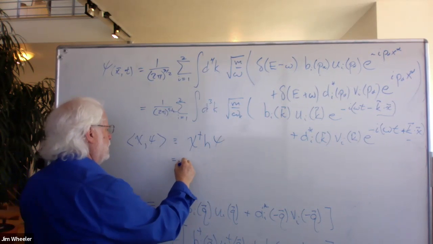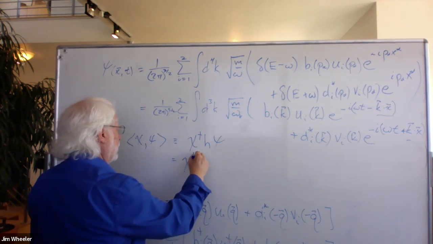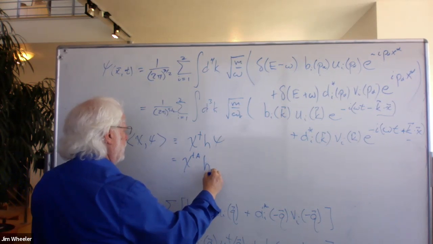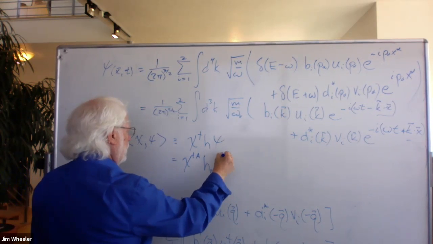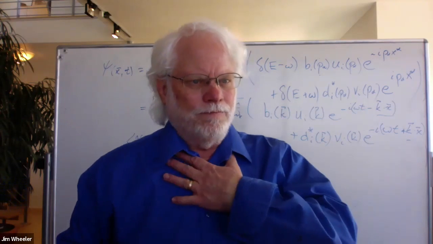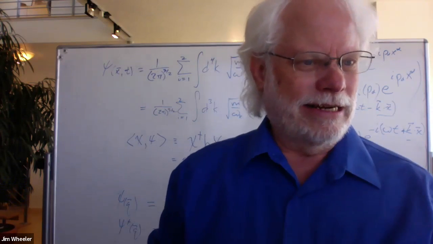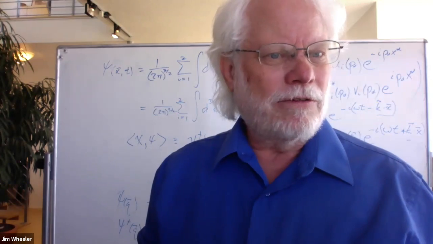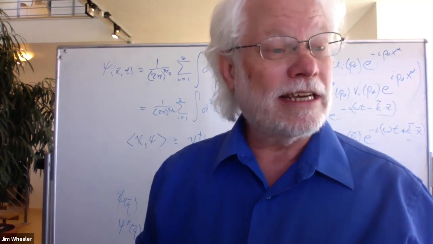In components, that would be chi dagger A, H_AB, psi B. So this is our inner product on spinors. Sorry, my voice is getting a little raspy from talking all morning.